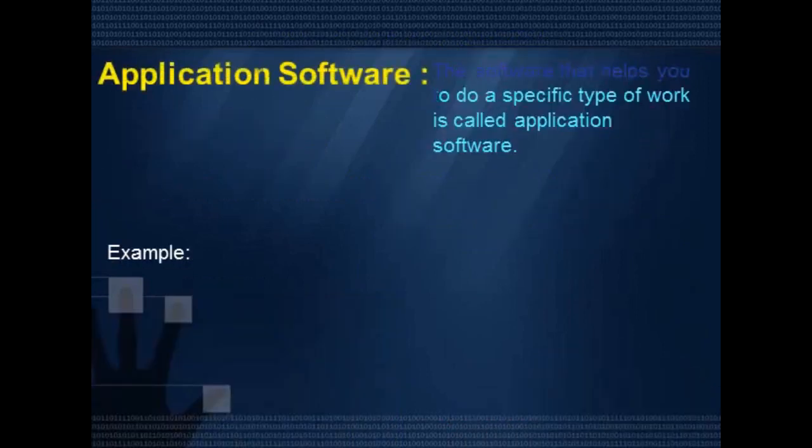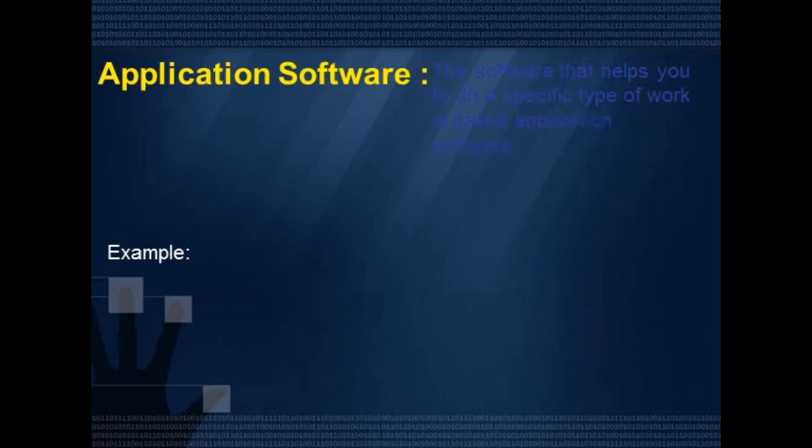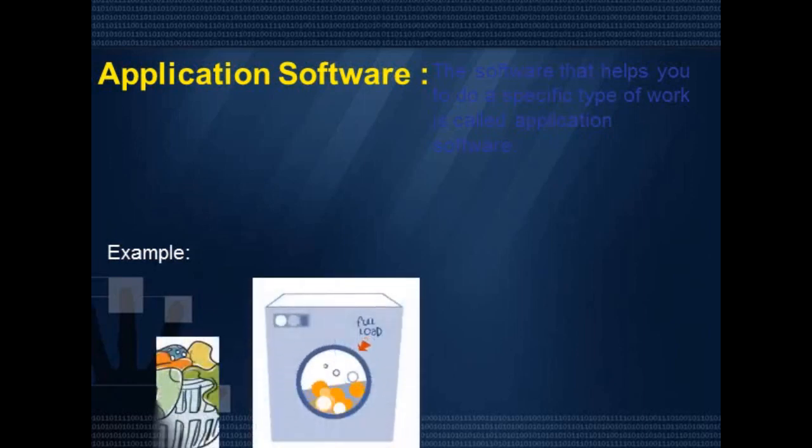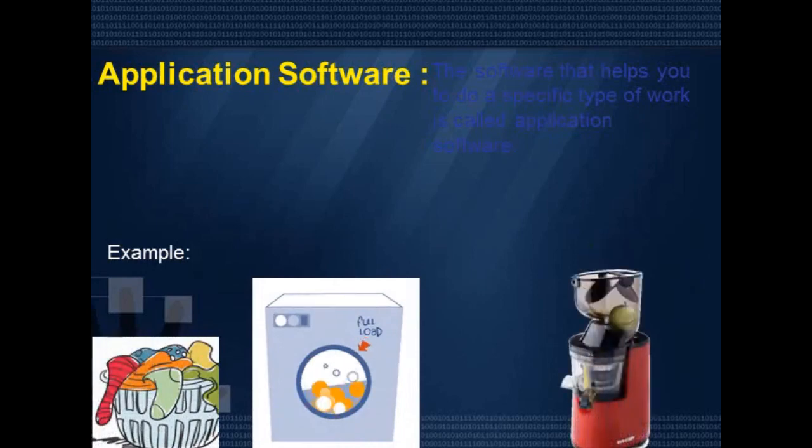Application software. The software that helps you to do a specific type of work is called application software. For example, what do you do with a washing machine in your house? You can only wash the clothes with it. Juicer is used to extract the juice of fruits and vegetables only. This indicates that you can do a specific type of job with these machines.